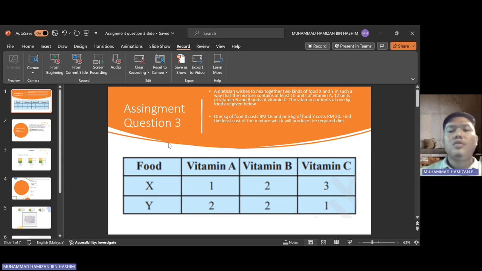A dietitian wishes to mix together two kinds of food X and Y in such a way that the mixture contains at least 10 units of vitamin A, 12 units of vitamin B, and 8 units of vitamin C. The vitamin contents of 1 kilogram of food are given below. 1 kilogram of food X costs RM16 and 1 kilogram of food Y costs RM20. So the question: find the least cost of mixture which will produce the required diet.